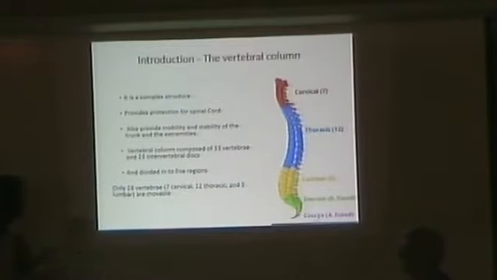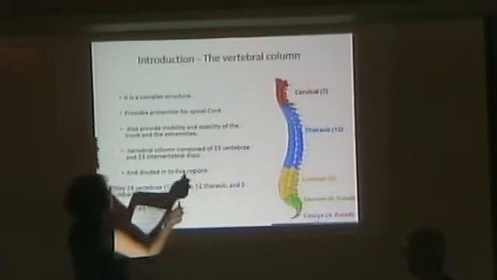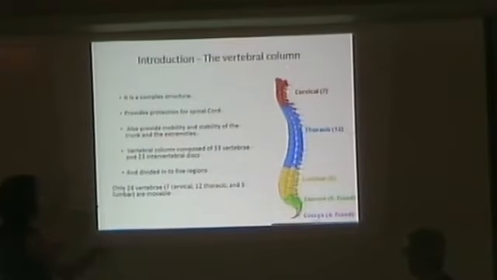The spinal column provides structural support for the body and protection to the spinal cord within it. The spinal column forms the central axis of the body and has a role in posture and movement. The spine consists of 5 regions: the cervical spine, the thoracic spine, the lumbar spine, the sacral spine, and coccyx.